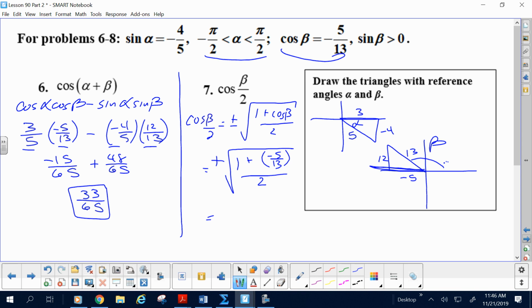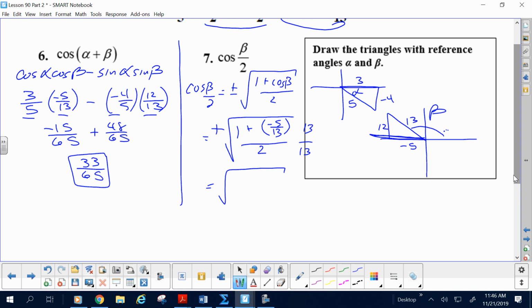What should we do for some cleanup action? Multiply top and bottom by 13. The numerator becomes 13 minus 5 over 26. That is 8 over 26, or 2 root 2 over root 26.